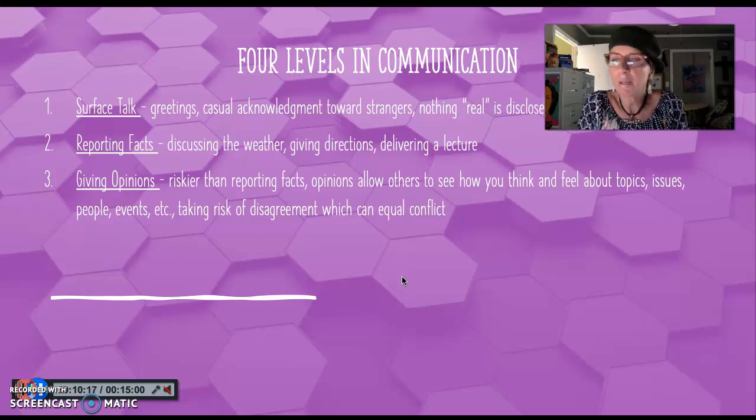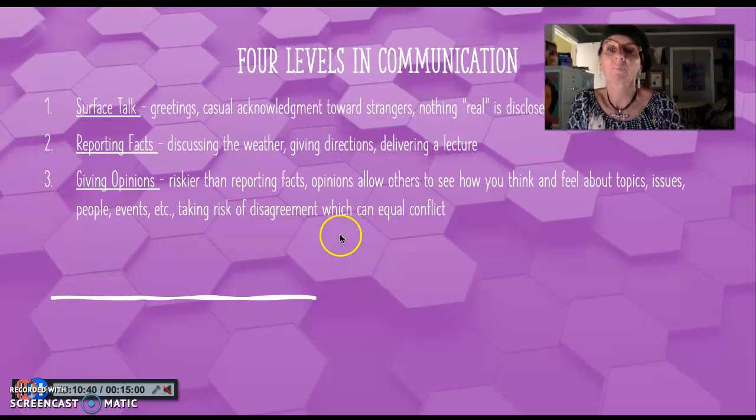And if you're trying to make a good impression, or get someone to like you or accept you, you might be hesitant to give your opinion because it reveals more about you, how you feel about things. It usually reveals your values and your belief systems. And it can lead to disagreement, right? There's a possibility of conflict.